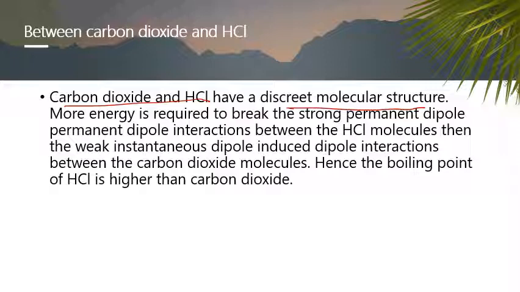In HCl, because it is polar, you have permanent dipole interactions between the HCl molecules. Well, for carbon dioxide, you have instantaneous dipole-induced dipole interaction between the carbon dioxide molecules. Then you can go to the energy and you conclude.